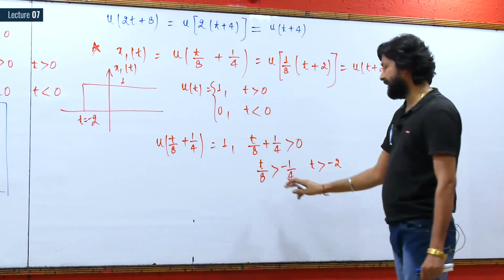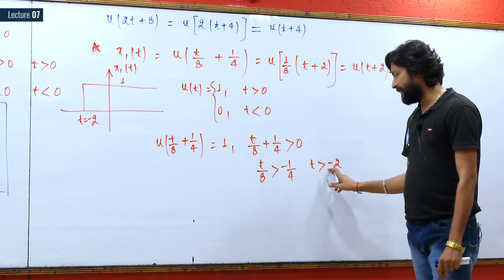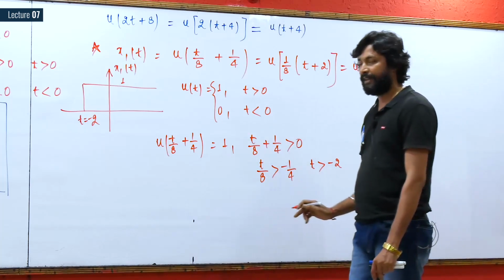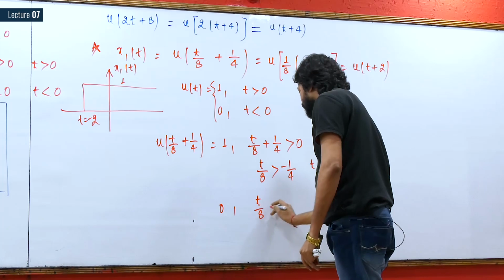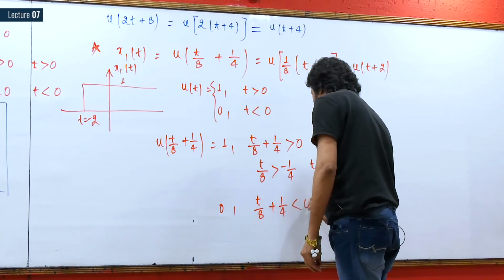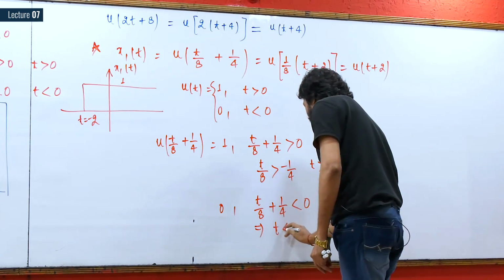So you are obtaining that t must be greater than minus 2, then only the value of the signal is going to be 1, otherwise it is going to be 0, that is if you substitute t by 8 plus 1 by 4 less than 0, then you get t less than minus 2.